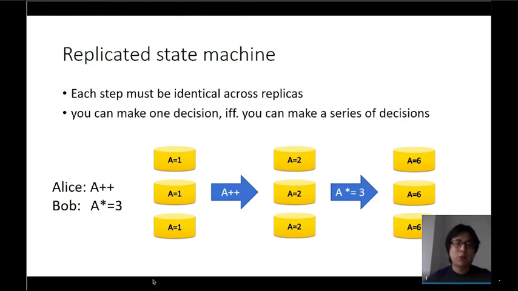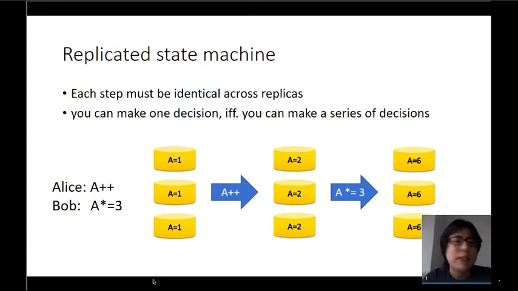So this replication problem can be abstracted as a replicated state machine. It's a very classic abstraction. If we have one program, it can be abstracted as a state machine. And then if we replicate it, it becomes a replicated state machine. The state machine takes a command as input and transitions into another state and keeps going like that.